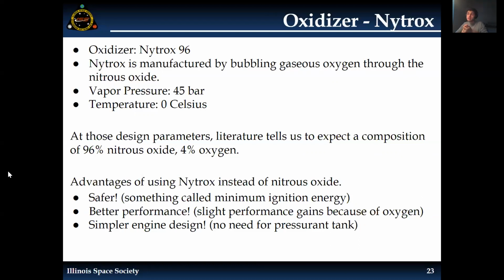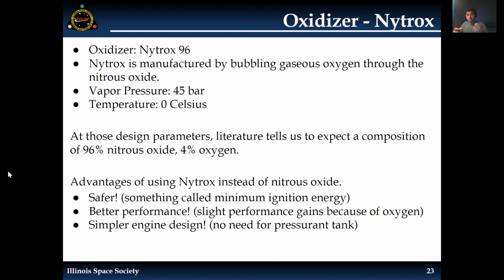It's safer because of something called minimum ignition energy. Minimum ignition energy is kind of a complicated topic, which if you have questions later on, you can ask me. But the gist of it is that when you have a substance, sometimes if you heat up that substance enough, it will decompose or break down into two separate other substances, which can then react with each other and on their own create heat.